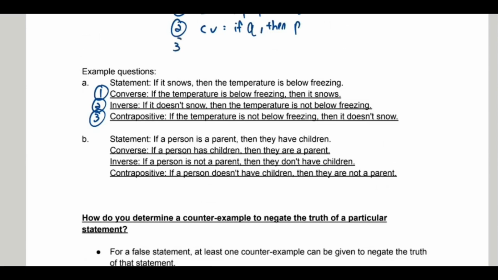And the inverse will be put in the negation. And for the contrapositive, we'll converse and put negation.